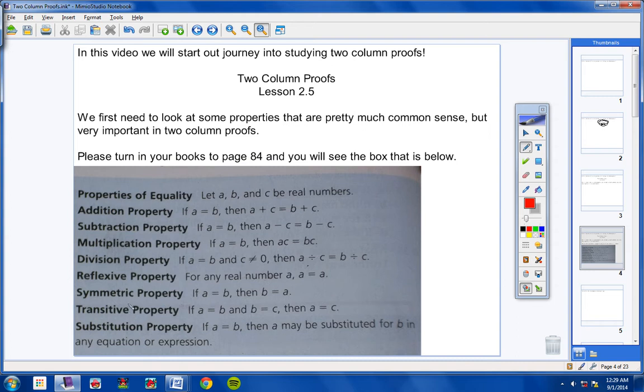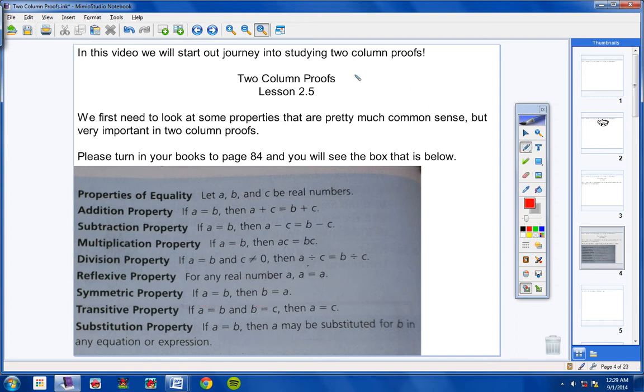Now, let's take a look at the transitive property. Now, this one's a little different. Okay? If A equals B and B equals C, then A equals C. Okay? If A equals B, so they're the same, and B equals C, then A definitely equals C. And that should make sense to you.